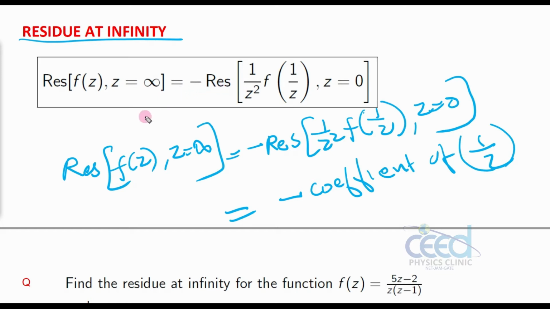So residue of f of z at z is equal to infinity is equal to minus residue of 1 by z square f of 1 by z at z is equal to 0. So these things are equal.